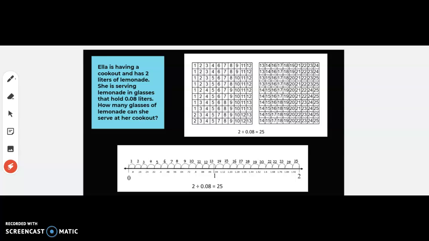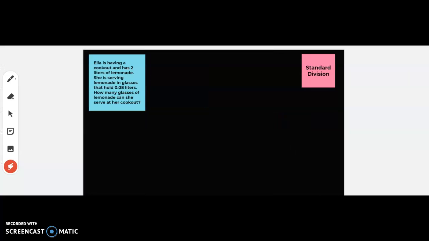It starts with 800ths and then it gets to 1600ths and 2400ths. Those are all multiples of 8. And if I count that all the way out from 0 to 2, it also shows that she will have 25 glasses.